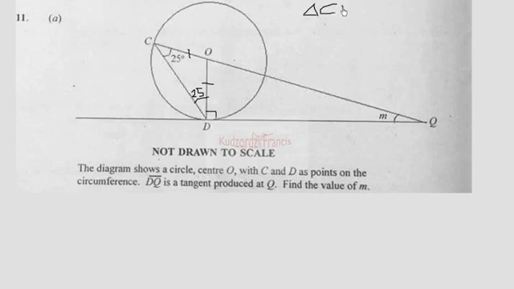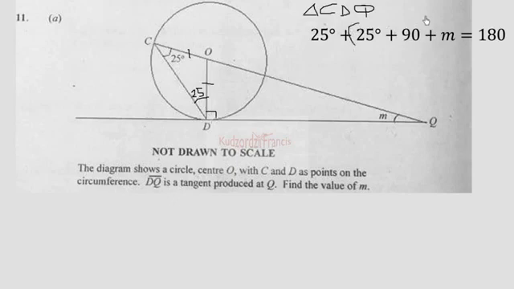Triangle CDQ. So we add the angles: 25 plus 25 plus 90. We know we have 3 angles in a triangle, so this forms one angle here, then these are the other remaining angles, 25 and M, and we equate it to 180 because the interior angles of a triangle sum up to 180.